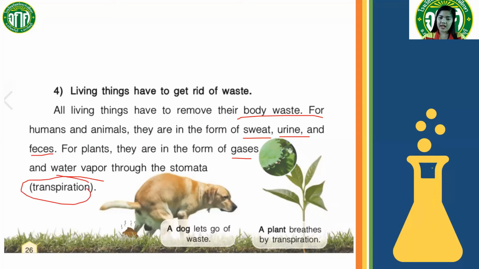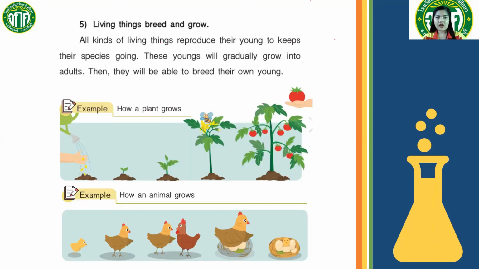So we can see a plant here. A plant transpires. And we also have a dog letting go of waste.